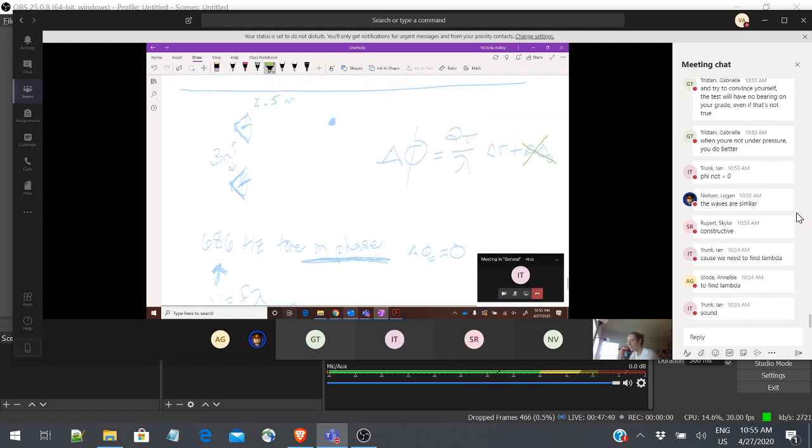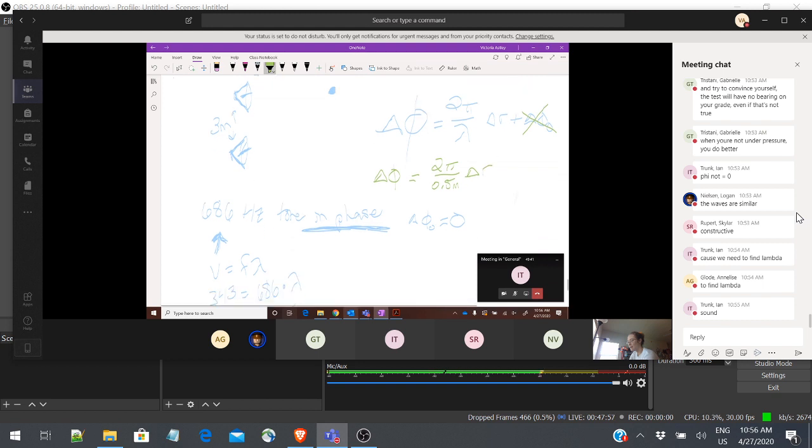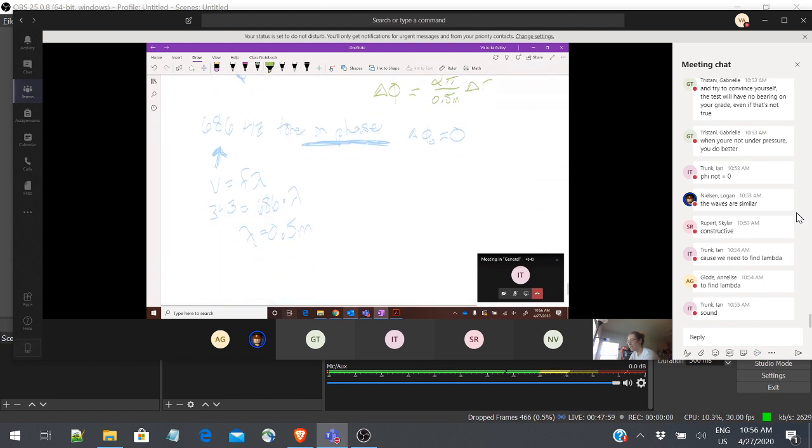So we end up with 2 pi over lambda times delta R, 0.5, so I can actually rewrite this as 4 pi delta R. Does this make sense? Okay.